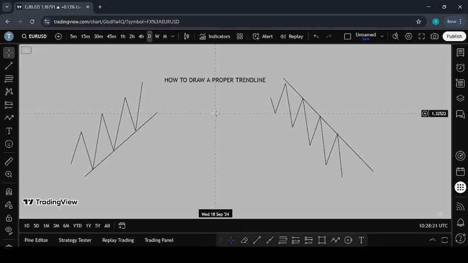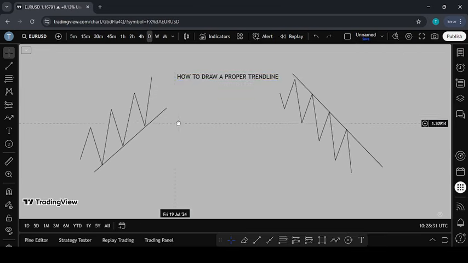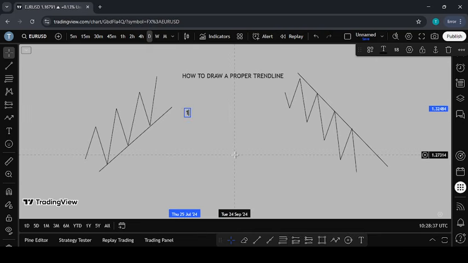Characteristics that a trend line must have. A trend line should have at least two to three valid touch points in a trend. Let me put that down so you can see it clearly.